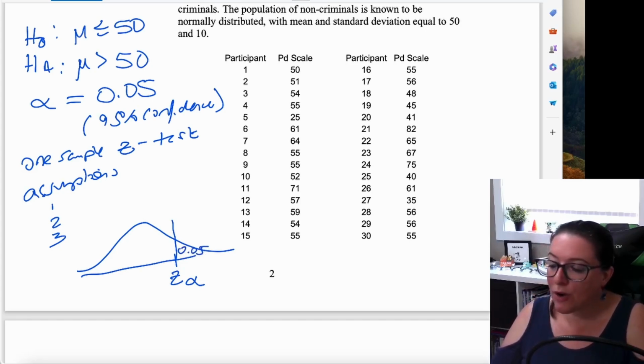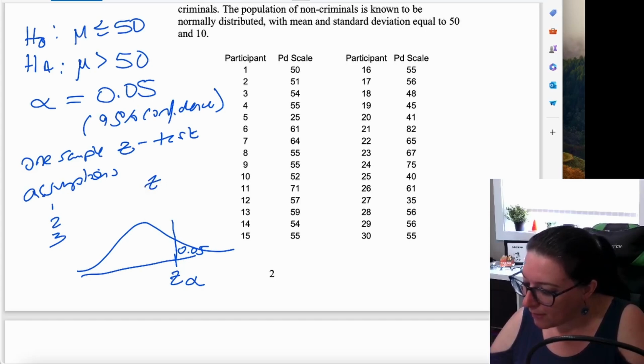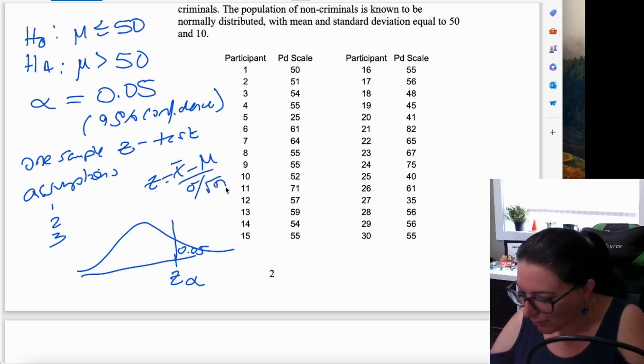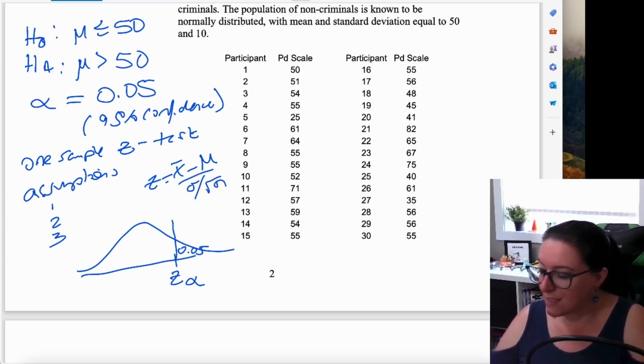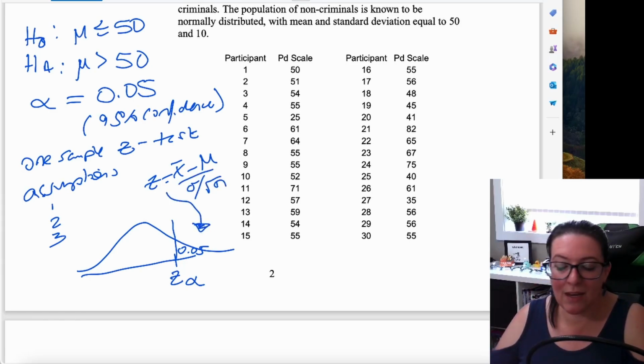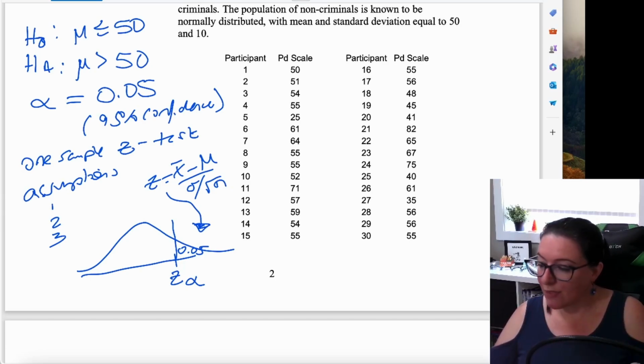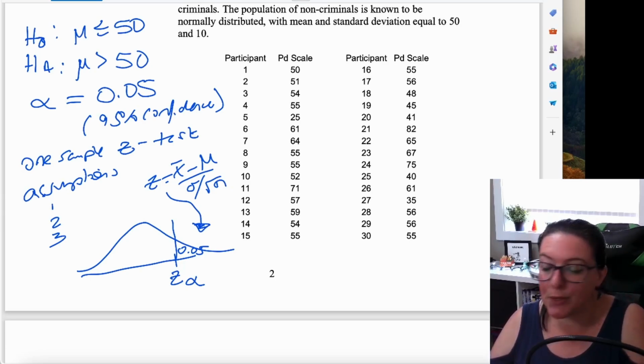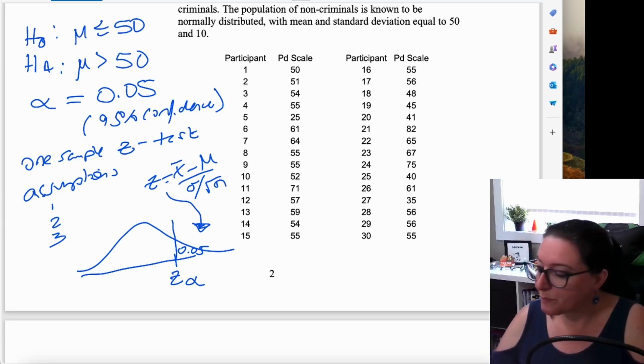We are then going to use our formula z equals x bar minus mu over sigma over the square root of n to find our test statistic. If our test statistic is bigger than our critical value, we will then reject the null hypothesis and conclude that the average is more than 50.